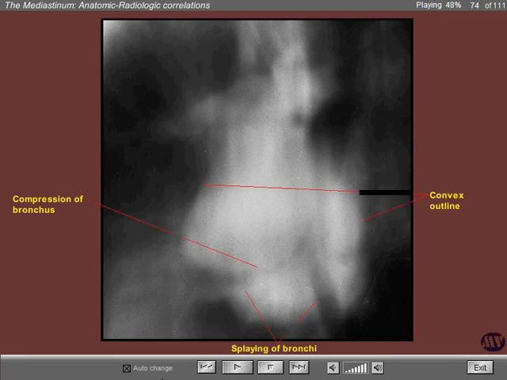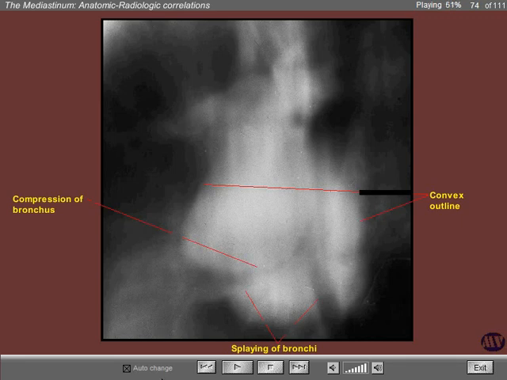When dealing with adenopathies, we may see an enlarged hilar shadow, and we can recognize that the enlargement is not due to vessels because of several features. One, the splaying of the bronchi. Two, the possibility of compression of the bronchi. And three, because the outline of the mass is convex rather than concave.